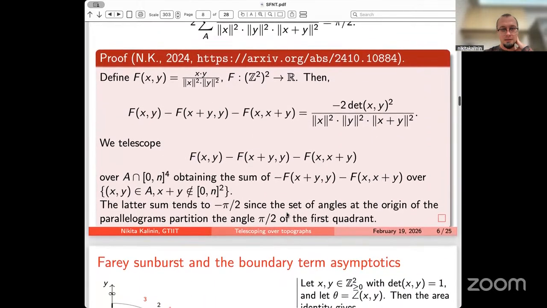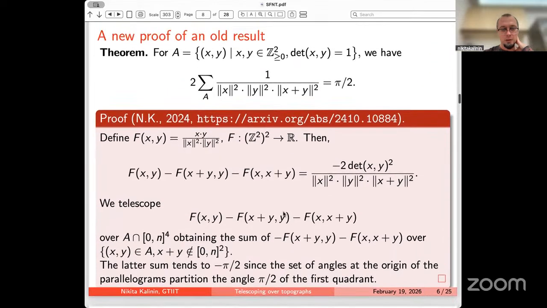Now, I claim that this topograph identity is exactly this identity. Why? For the function f, I have the scalar product divided by the squares of the vectors, and here I have the same for x plus y and y, and x plus y.